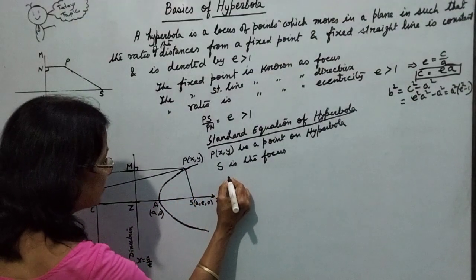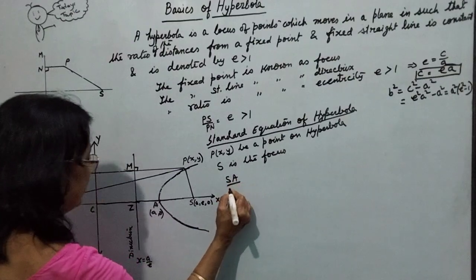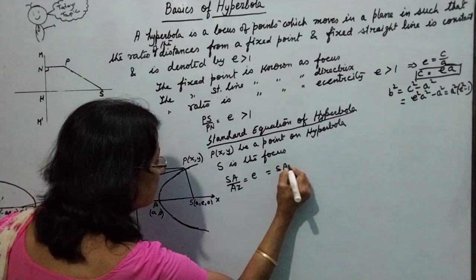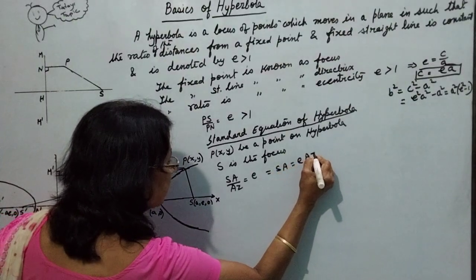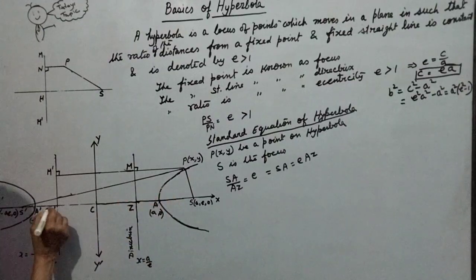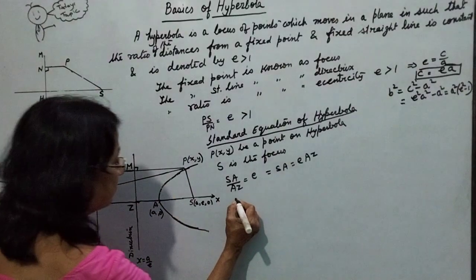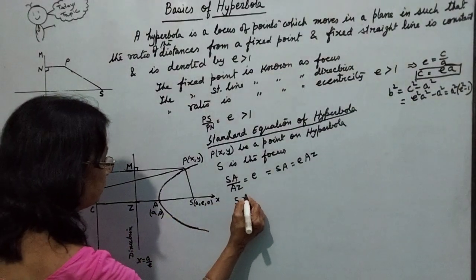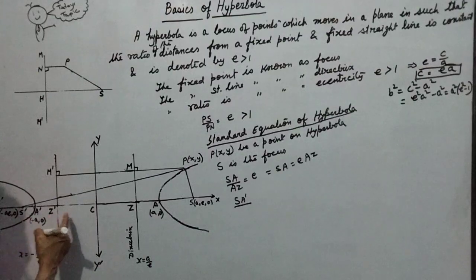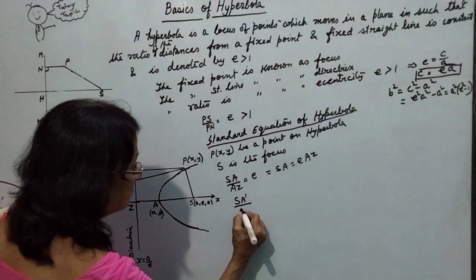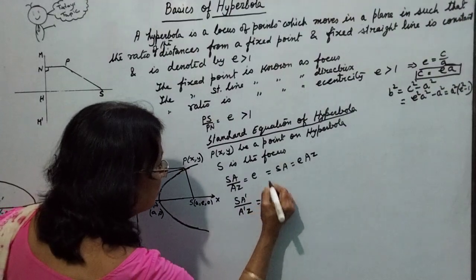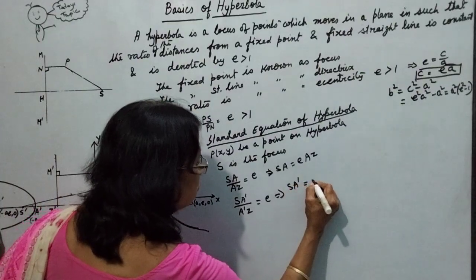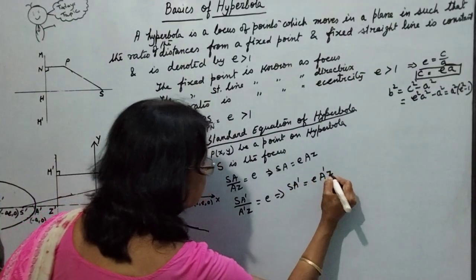So SA divided by AZ is equal to E. We can imply that SA is equal to E into AZ. And this point can also come to A dash. SA dash divided by A dash Z is equal to E, implying SA dash is equal to E into A dash Z.